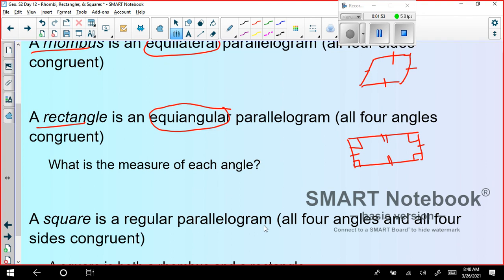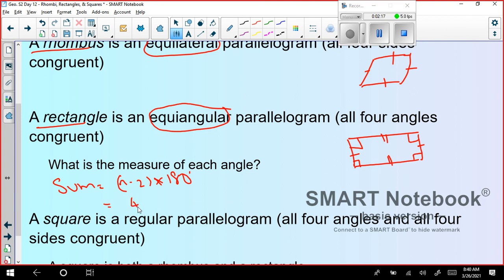And what is the measure of each angle? For a rectangle, how did I get 90 here? I'll tell you. The sum equals n minus 2 times 180. That's what we had seen in the previous class, and here n is the number of sides. We have 1, 2, 3, 4 sides.